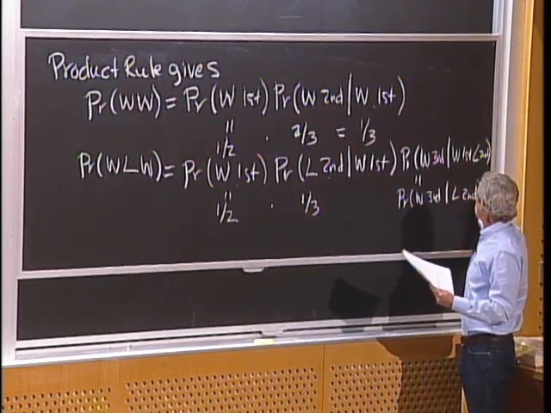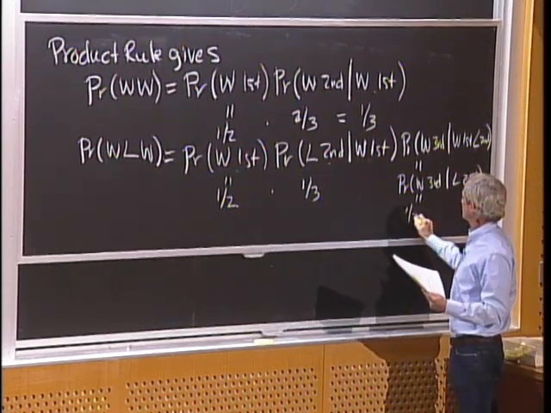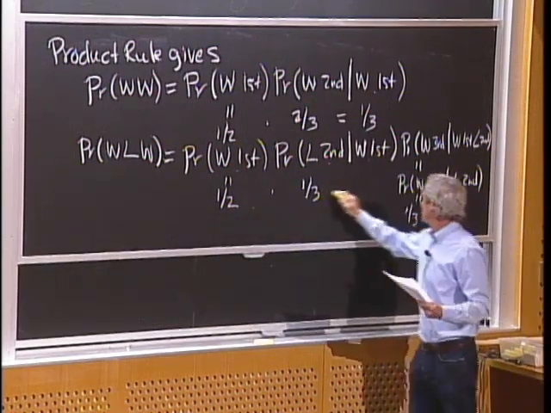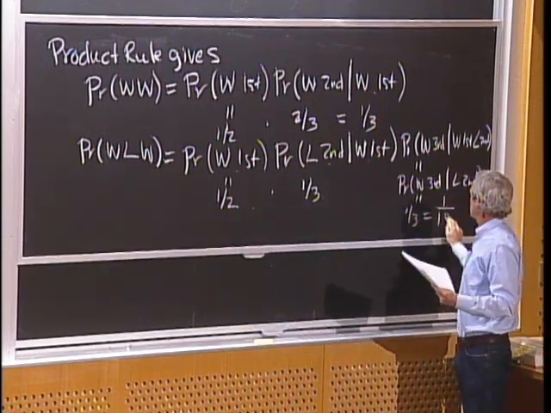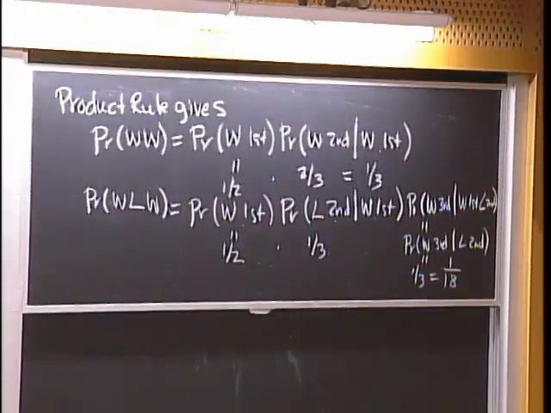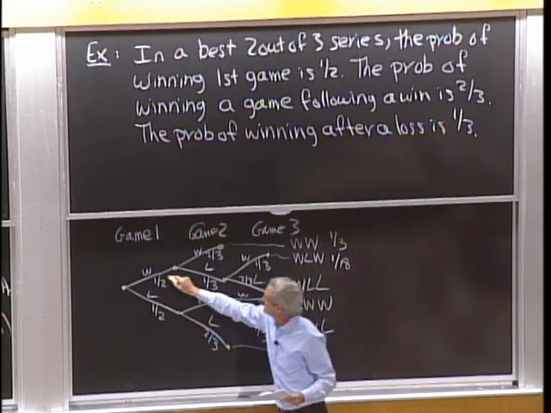Doesn't matter what happened on the first. And that's 1/3. So this is 1/2 times 1/3 times 1/3, which is 1/18. And it's just the product.